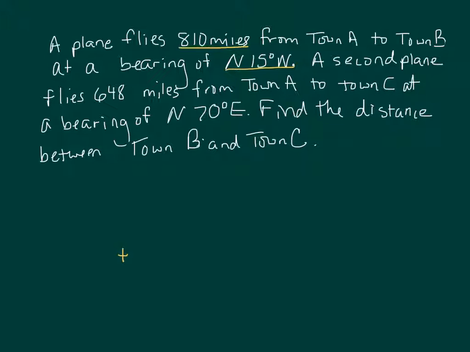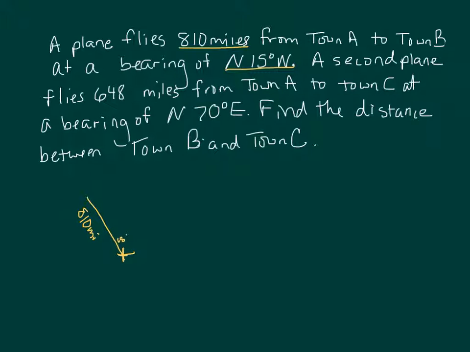So from the north I go towards the west 15 degrees. It's really hard to draw, but do the best you can. He is traveling 810 miles, so I'll label this as 810 miles.